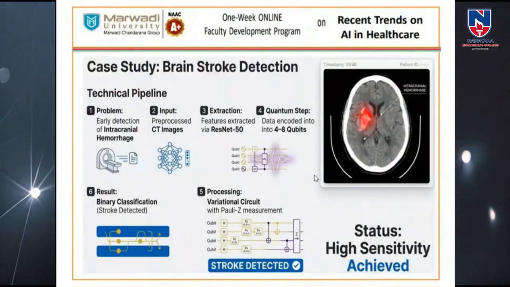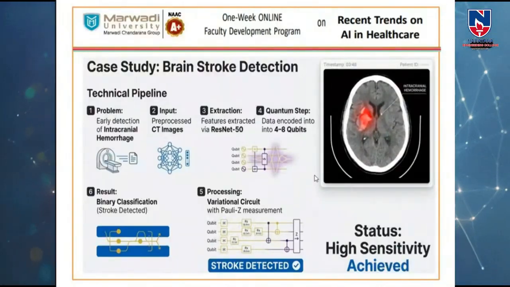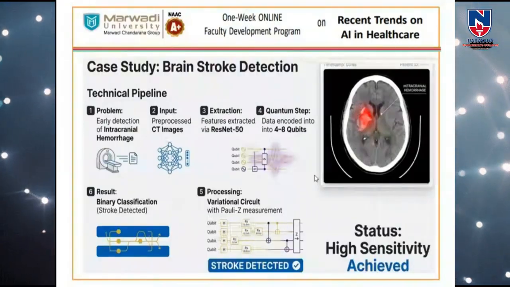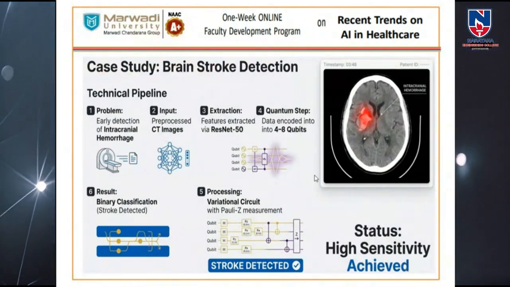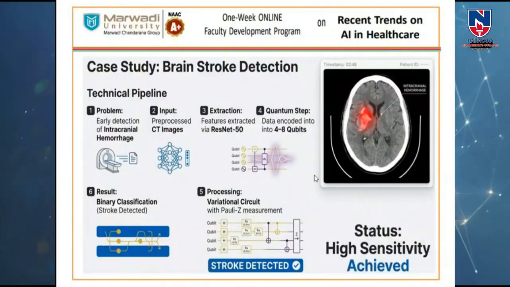Of course, I'm not going to go into the quantum gates. After processing, at the end you'll see the binary classification, that means stroke is present or not. That is, stroke is detected or not.